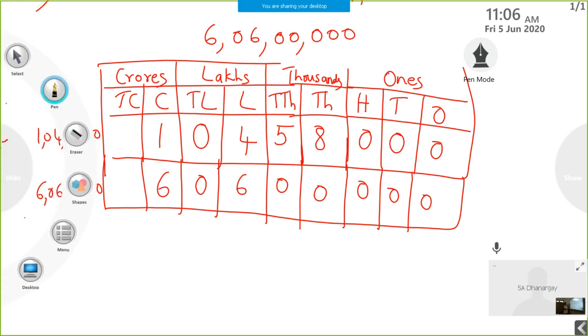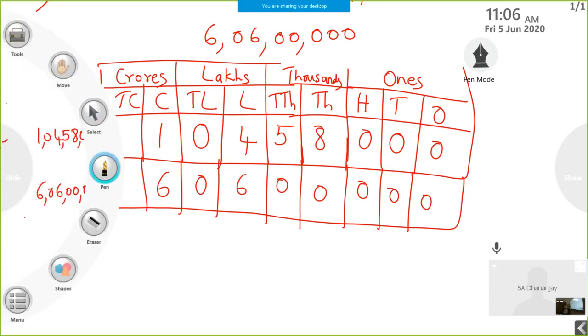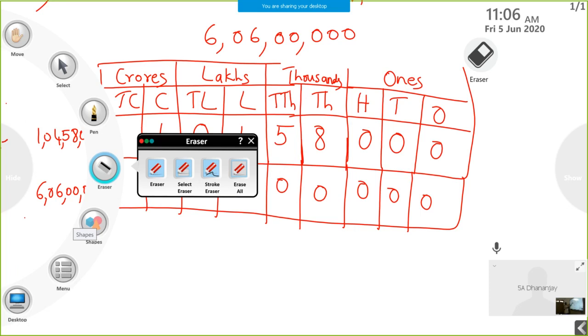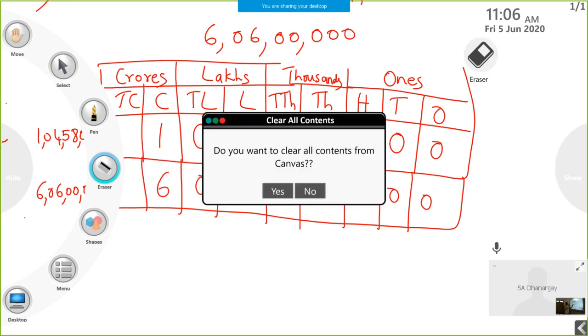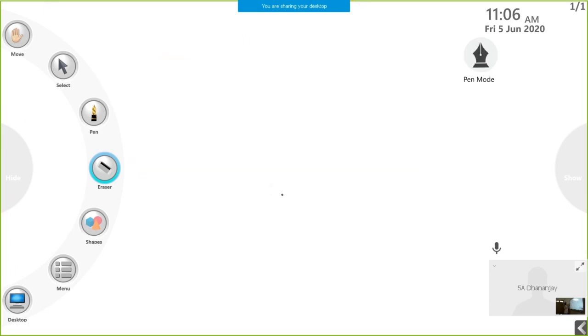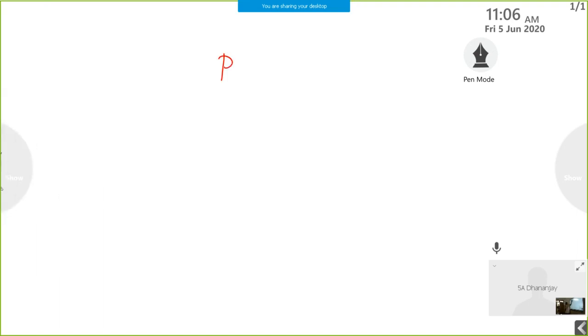Okay, now we will move to the next topic, which is a very important topic, the place value of digits. What do you mean by the place value of a digit in a numeral?